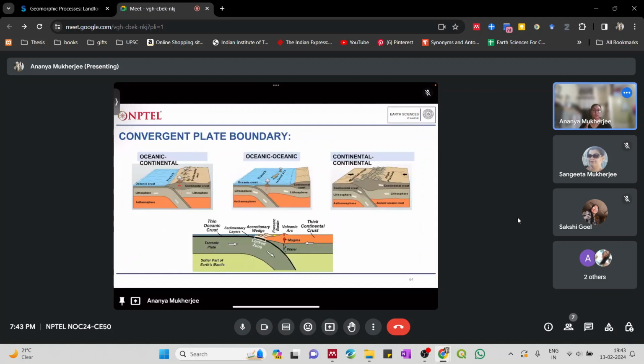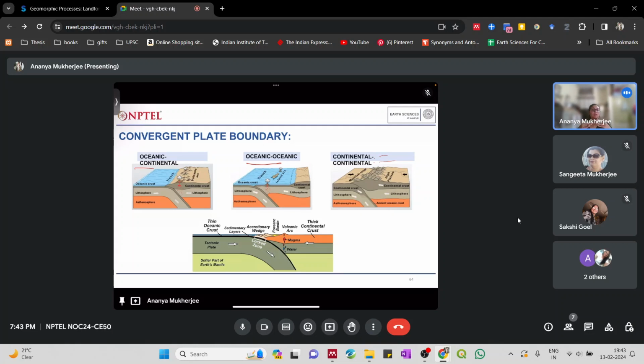When we come to a convergent plate boundary, the convergence between two plates can happen when both plates are oceanic, when one is oceanic and one is continental, or between continental and continental. All three might create different kinds of features. When it is between continental and continental, mountain ranges are formed, because both are somewhat similar in density.